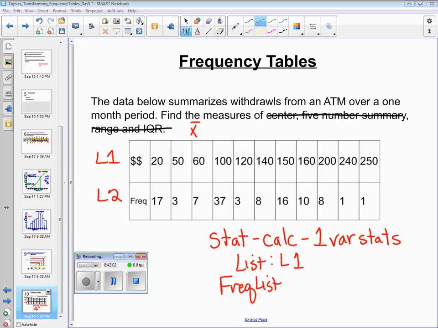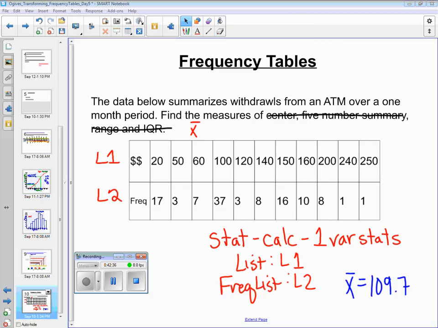But because we have a list of frequencies that we're using, we're going to tell the calculator to use it. And we're going to say L2. All this does is prevent me from entering 137 times. Can you see how maybe I might make a mistake doing that? I know I would. I'd miss it or something. And then if you calculate it, you should get, what is the mean here? Did you guys get that as well?